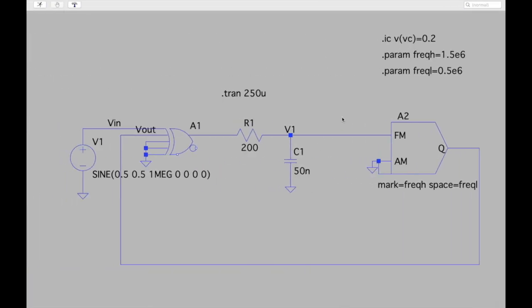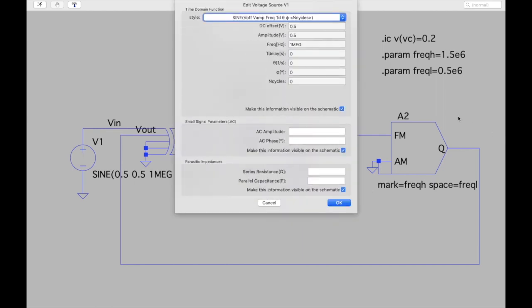It's simulated, so let's see what happens to the control voltage. This control voltage is a very good parameter to identify whether the PLL is working or not. I'm using a sine wave generator here, and if I look at the properties, it is generating 1 megahertz.